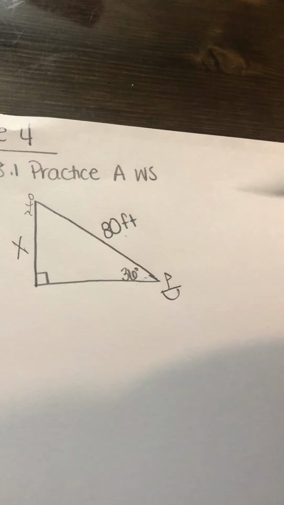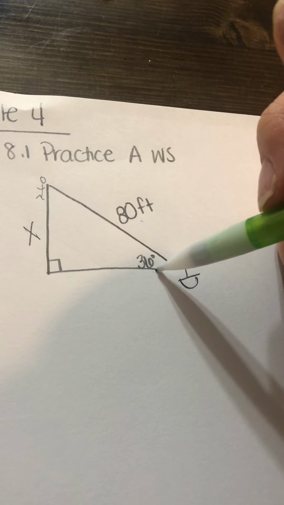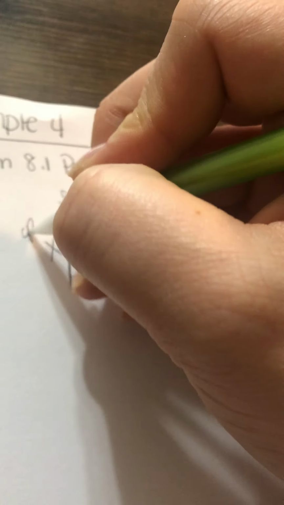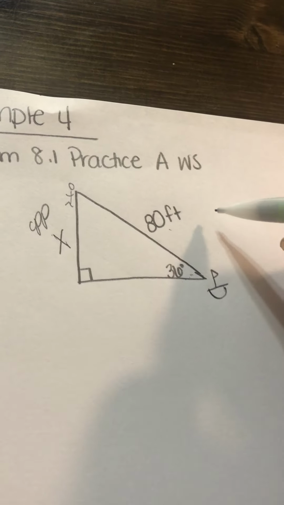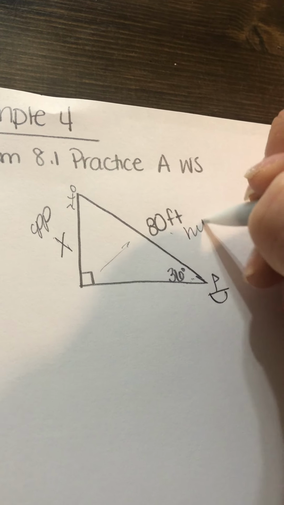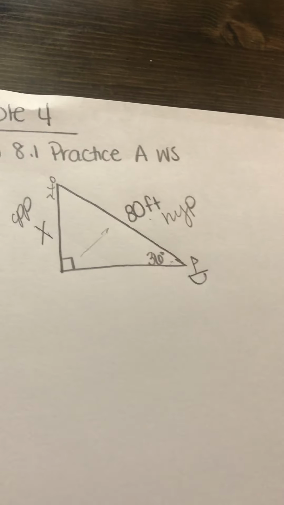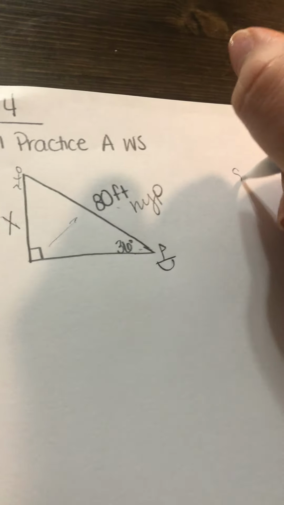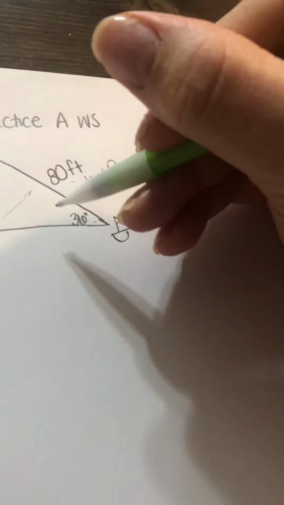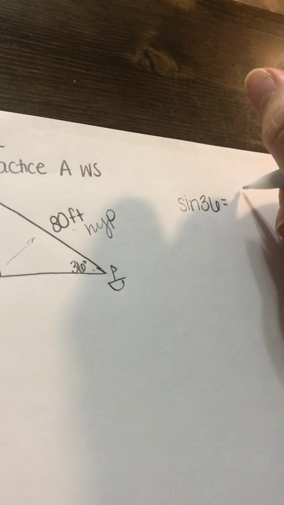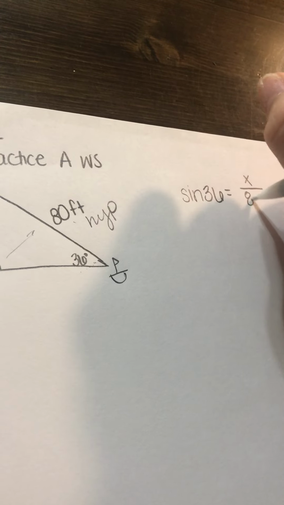So from 36, we always start at that angle. What side is x? It's directly across from it, so it's the opposite. The 80 is directly across from the right angle, so that's going to be the hypotenuse. So if we know the opposite and the hypotenuse, that means it's sine. So we're going to write sine of 36, because that's our angle, equals x over 80.